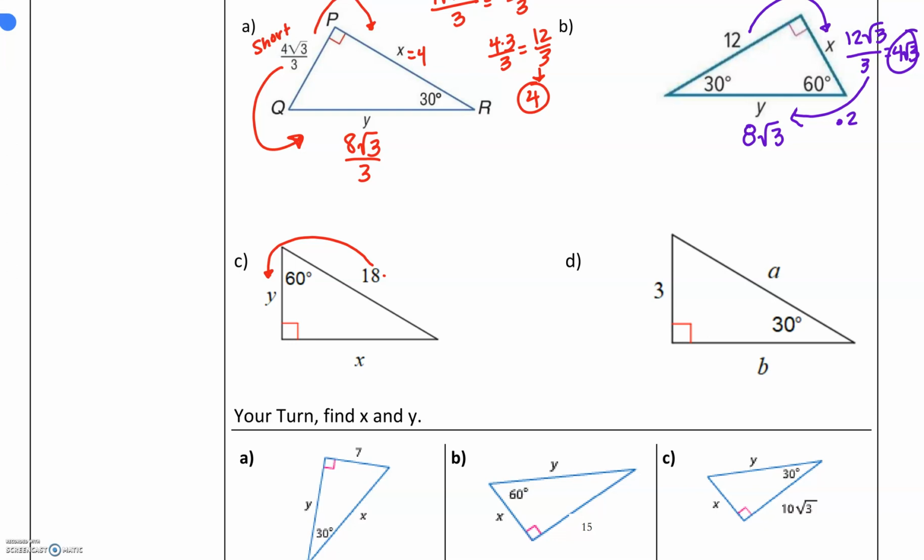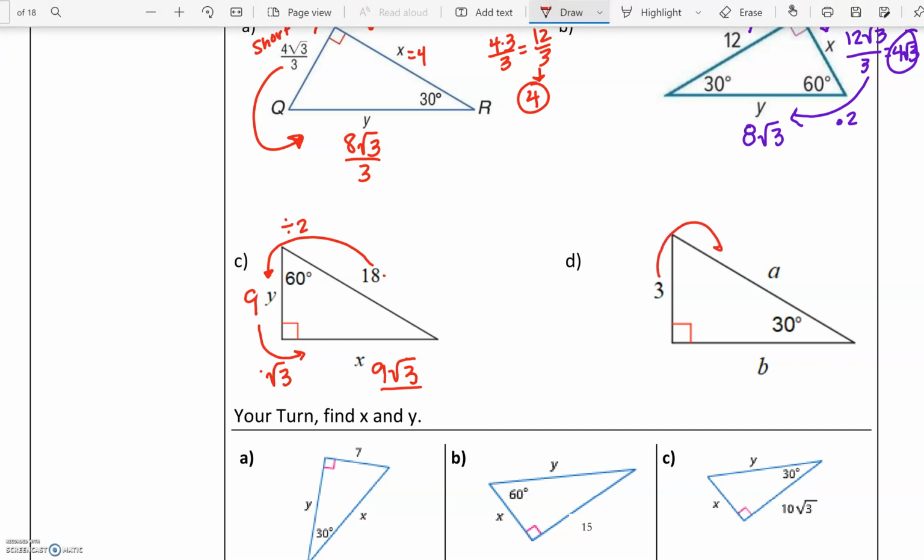So long segment here, 18, would be half here, 9. And then here's the one that we multiply by a radical 3. And then we can't actually multiply, so we just put them next to each other, and that's it for that one. So 3, we want to double if we're going to the hypotenuse, and we want to multiply by radical 3 for B.